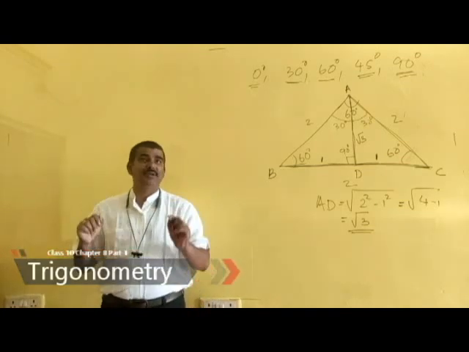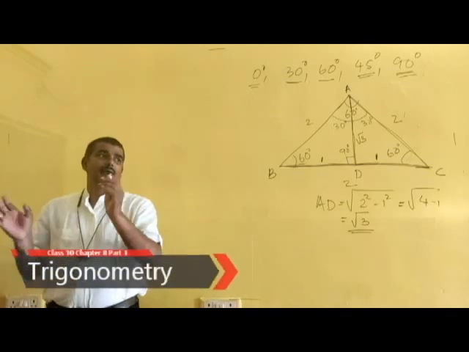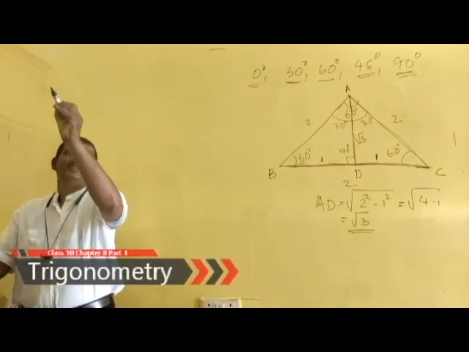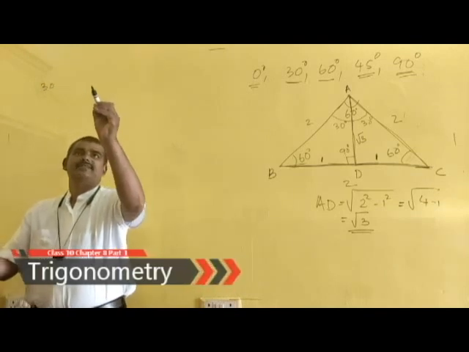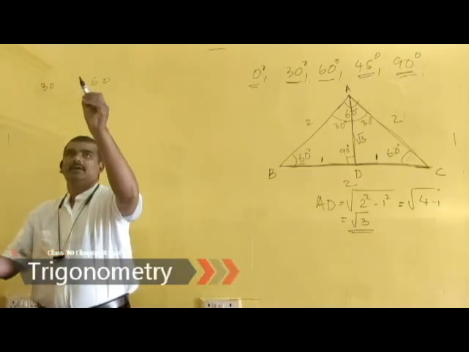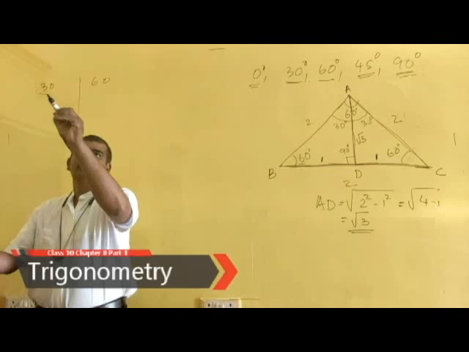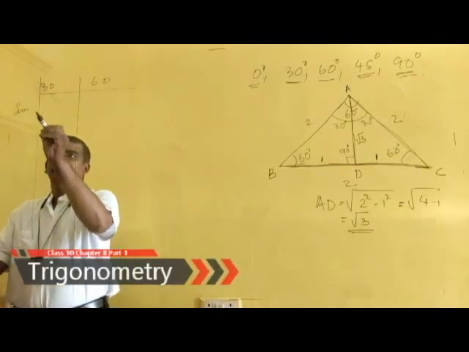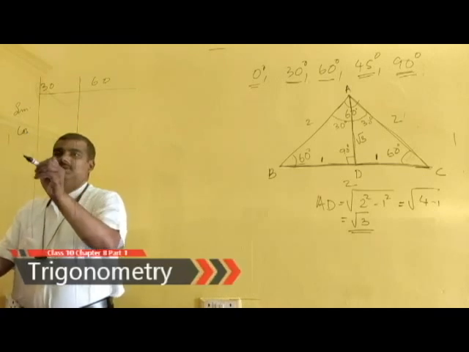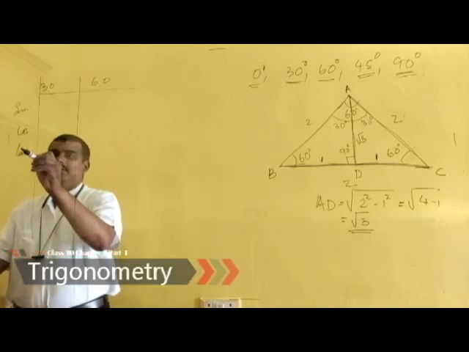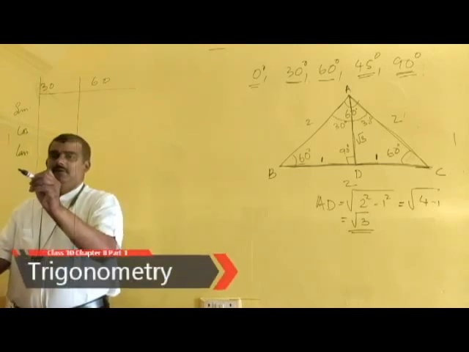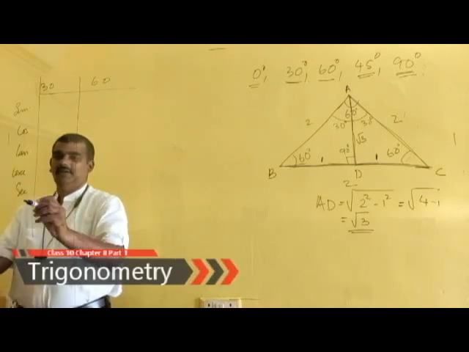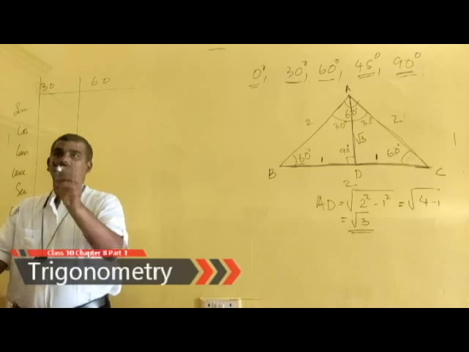Now by seeing the picture, you have to prepare the chart over here. First it is 30 and next it is 60, and I am preparing a chart. Here it is sine, then cos, then tan, then cosec, then sec, then cot.